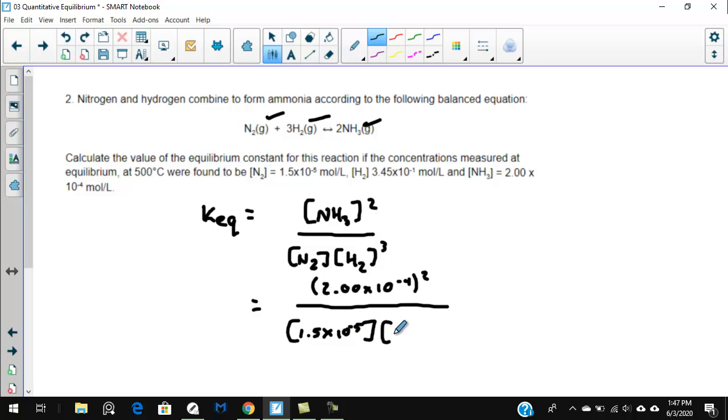And the H2 was 3.45 times 10 to the minus 1, and then don't drop the exponent, cubed. Okay, and we'll run that through a calculator. And we get 0.065 as an answer for K. Okay, so that's a K that's less than 1.